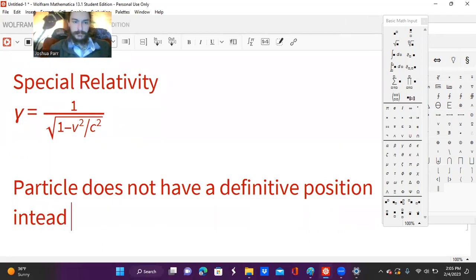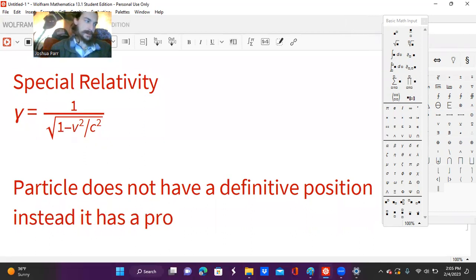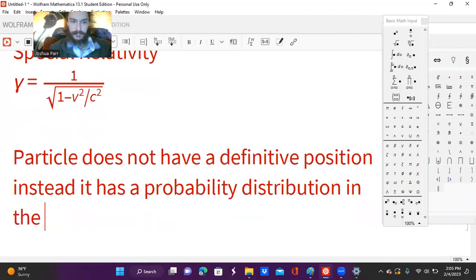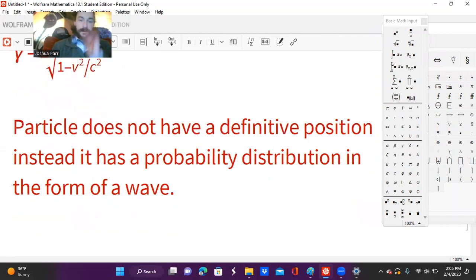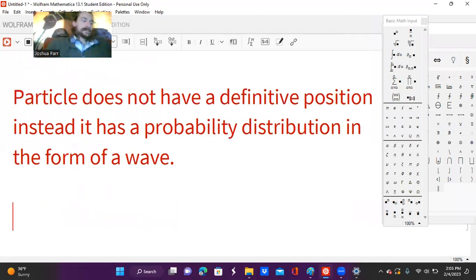Instead, it has a probability distribution in the form of a wave. And wave mechanics is all these different waves, these fields all interacting, and that is the universe that you're seeing and currently stuck in. And in it are electrons and quarks and antiparticles also.